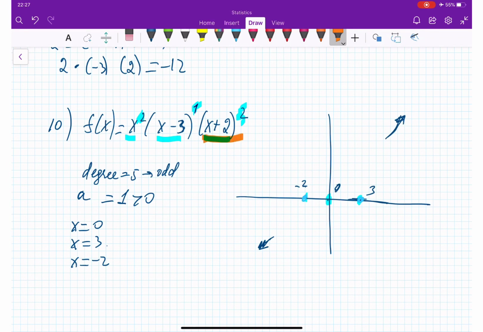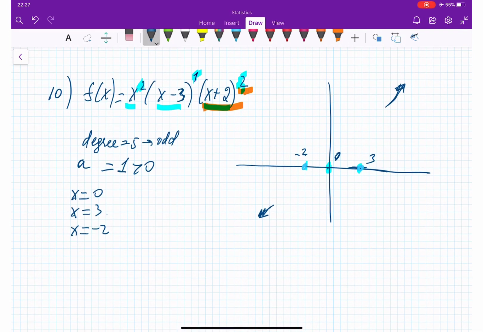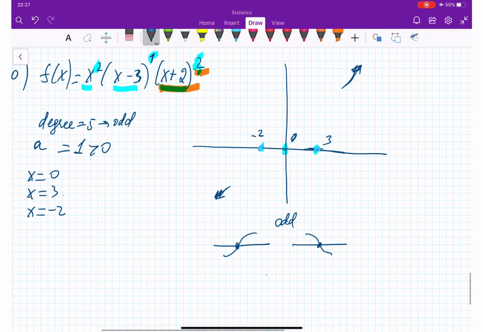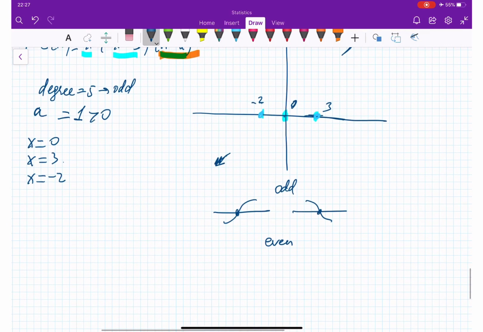And our degree is 2, correct? Degree is 2. So we learned that around the point, if degree is odd, it's crossing from right to left or from left to right. But when it's even, it's either going to turn point up or turn down.